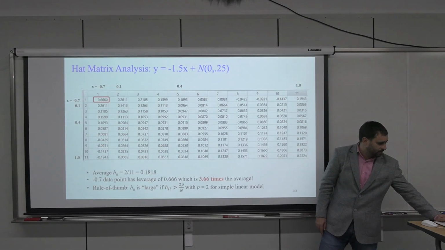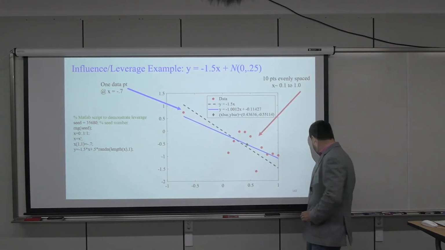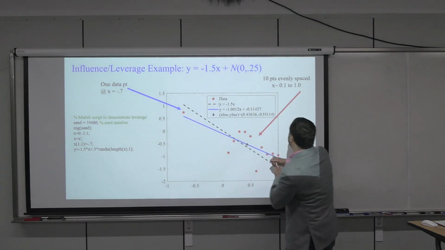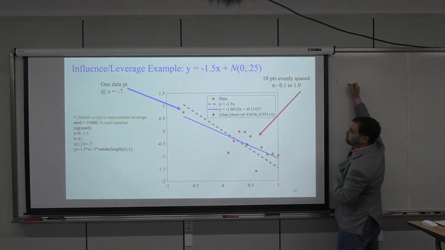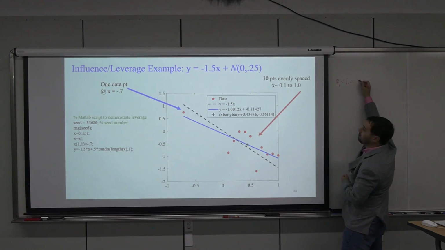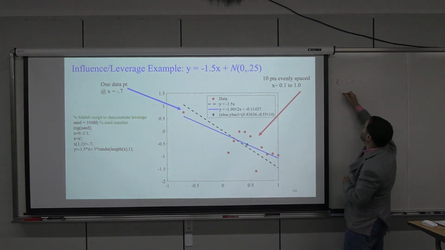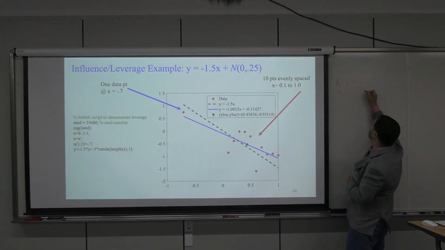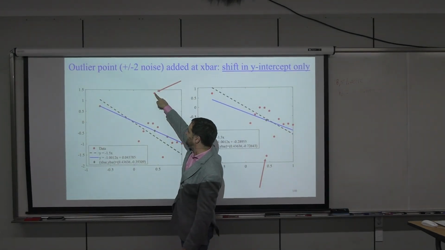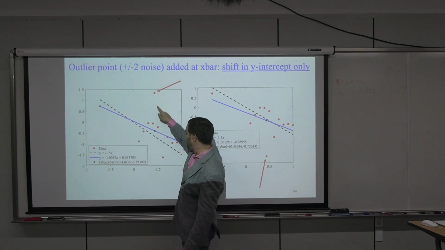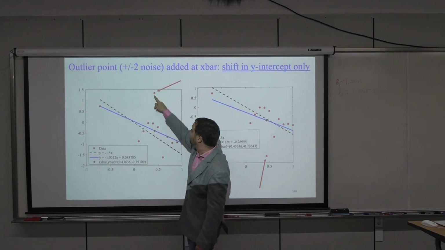Okay, just remember what our original line is. The slope beta 1 is negative 1.0012. Beta naught is negative 0.11427. Here we're adding a new data point at x bar.